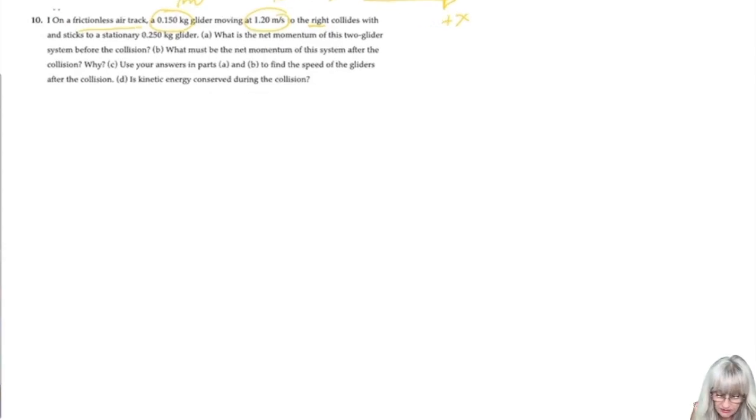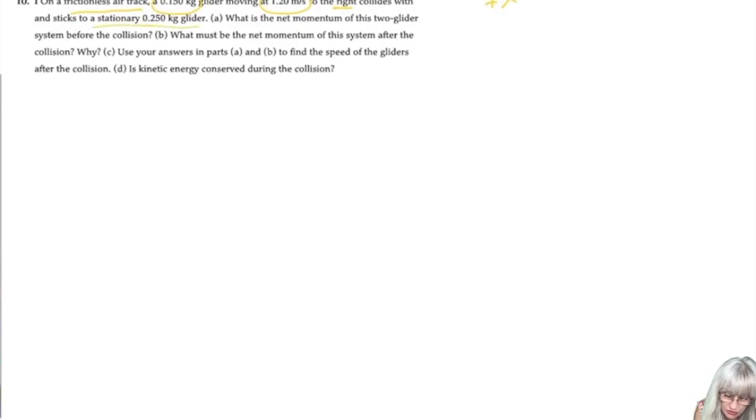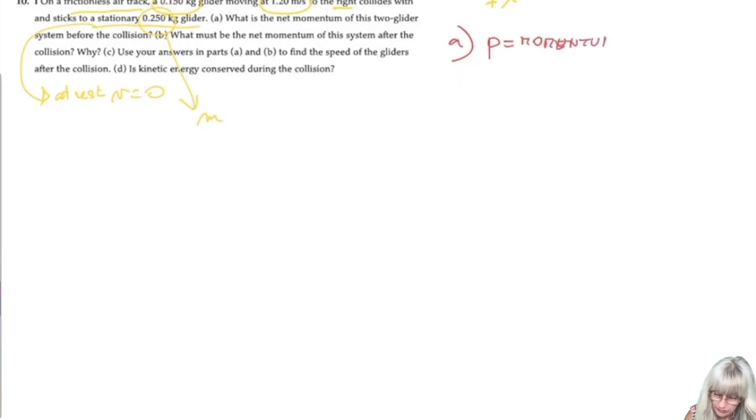And it collides with a stationary, you see, stationary means at rest, so the velocity will be 0, object which has that mass. We want to find in part A the momentum P of these two glider systems, of the system, wait a second, before the collision.